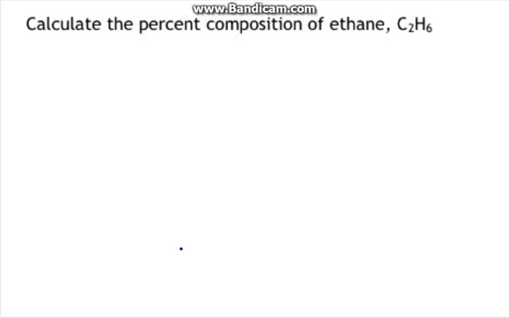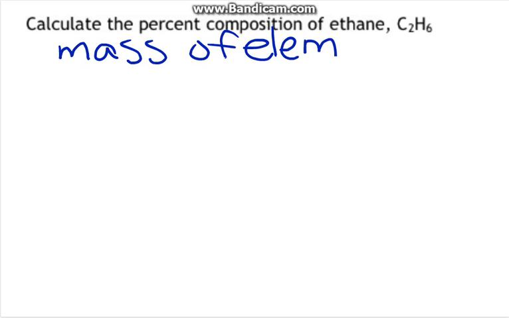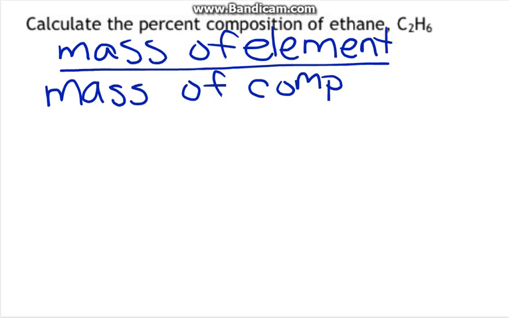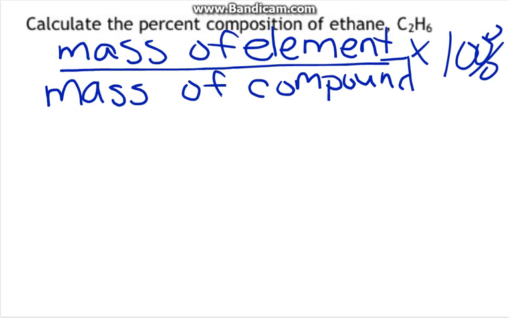So percent composition equals the mass of your element divided by the mass of your compound, and you multiply that whole answer times 100%.